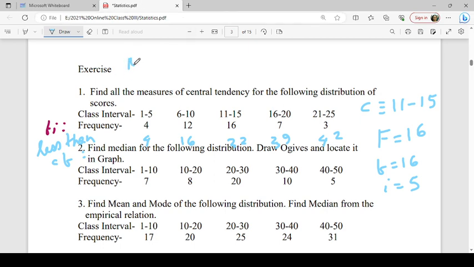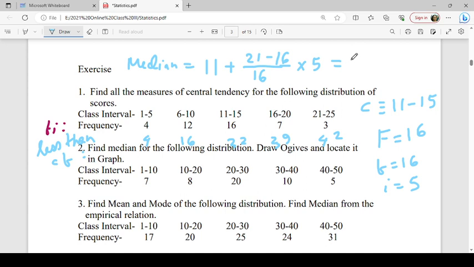Median is equal to 11, the lower limit of C, plus n by 2 which is 21, minus capital F which is 16, divided by small f which is 16, into 5, the length of class.